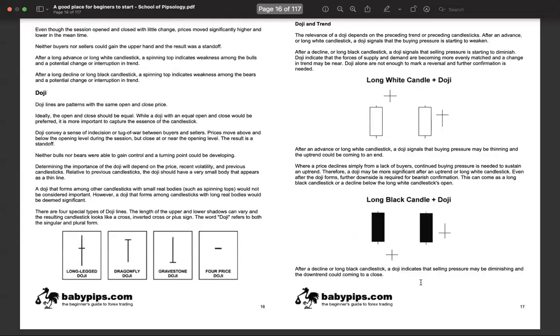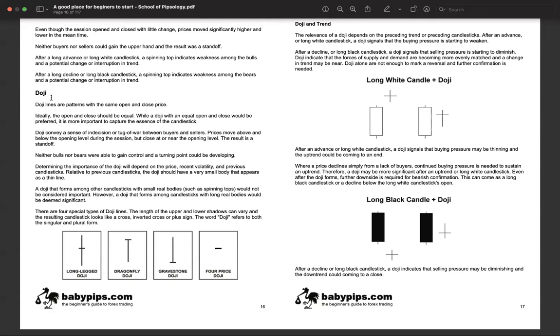Okay. We also have another candle pattern called a doji. Doji lines are patterns with the same open and close price. Ideally, the open and the close should be equal, while a doji with an equal open and close will be preferred. It is more important to capture the essence of the candlestick.